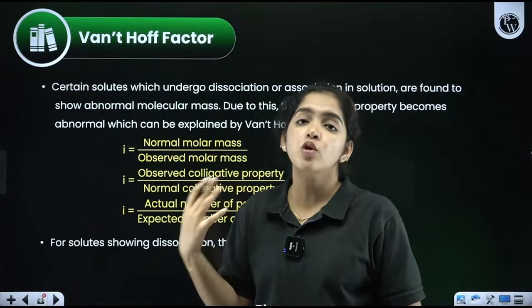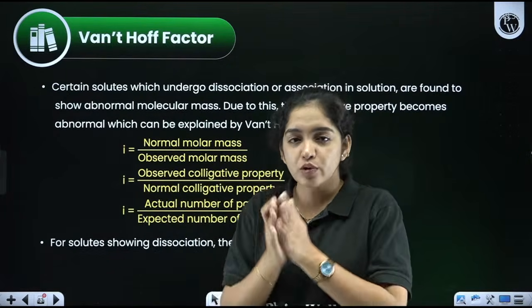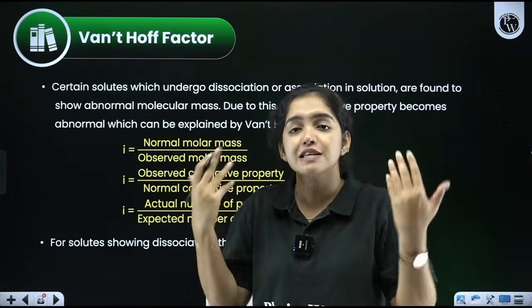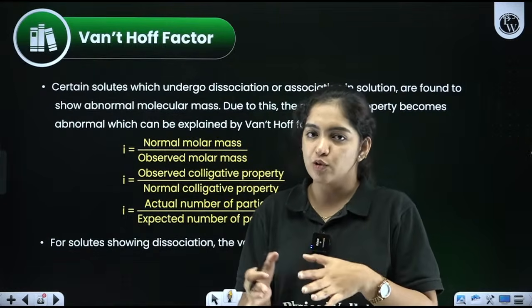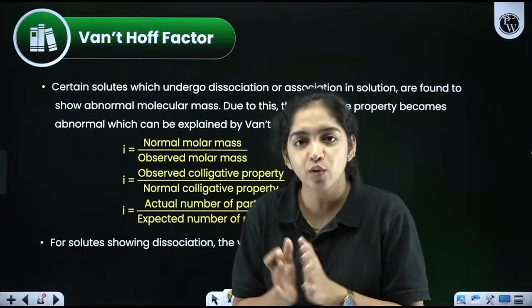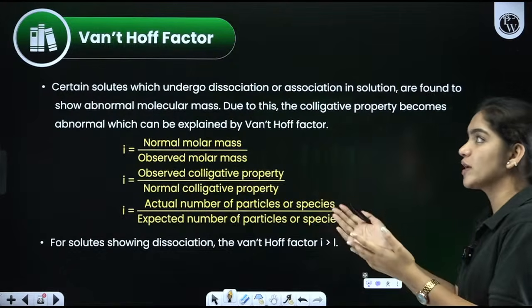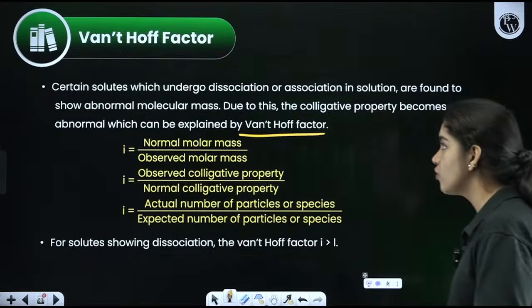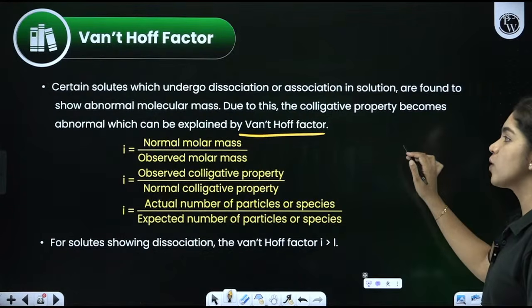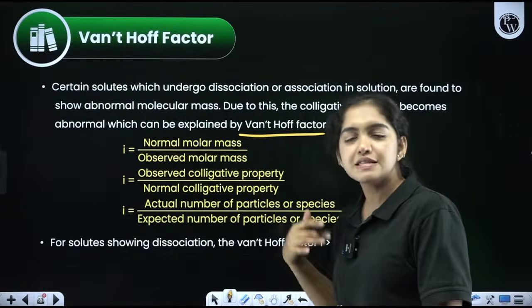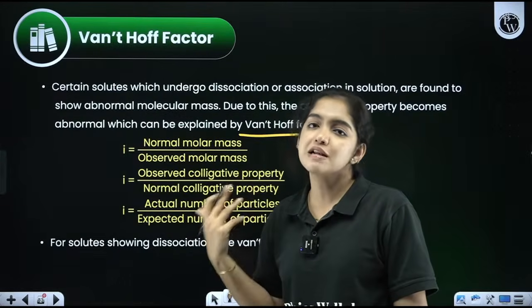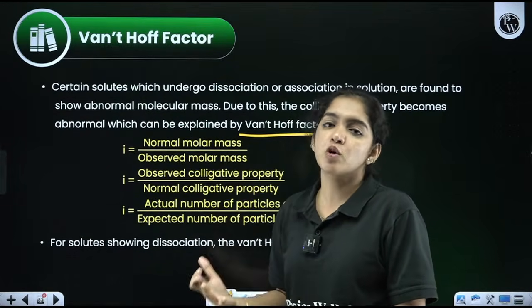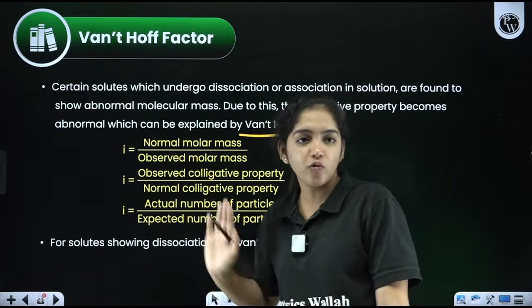That abnormality is calculated by a factor known as the Van't Hoff factor. Due to this, the colligative property also becomes abnormal.